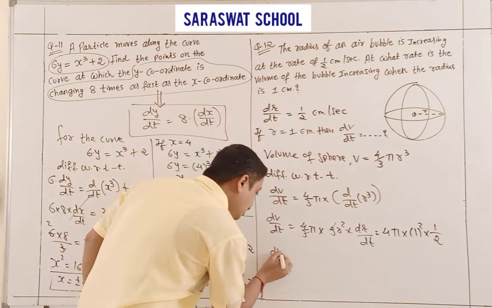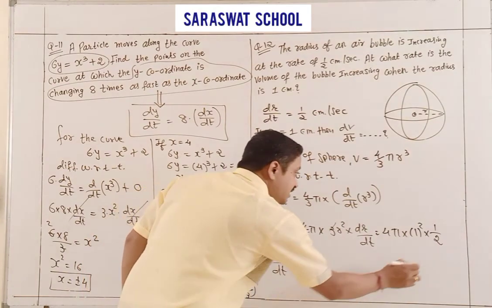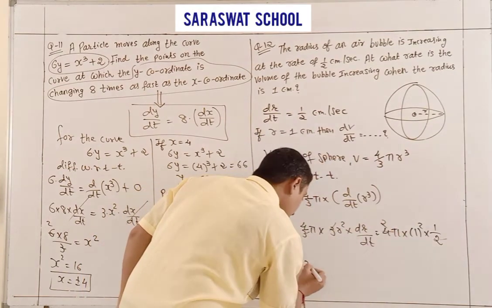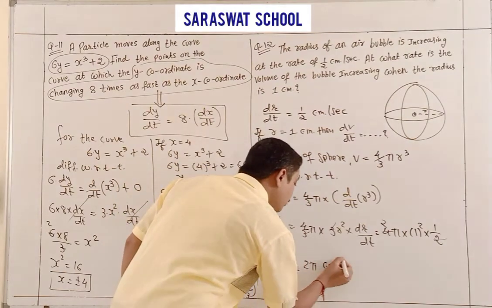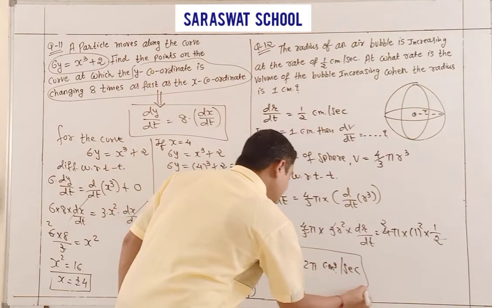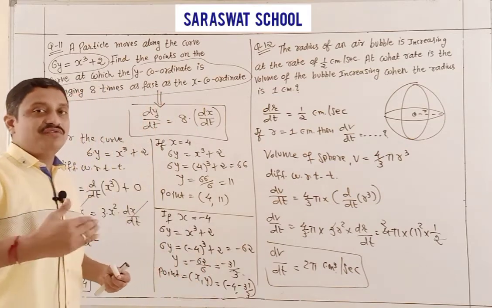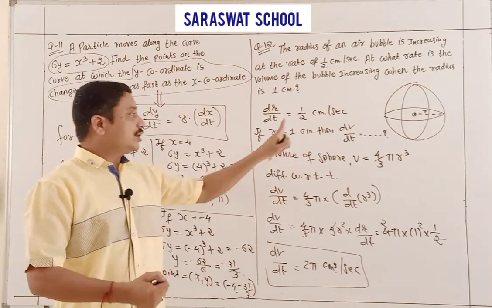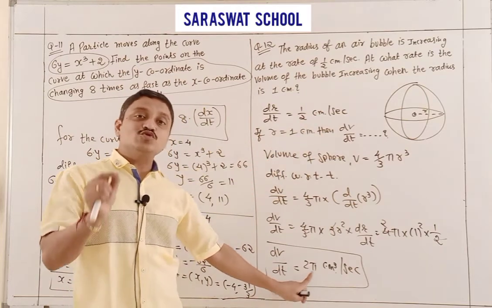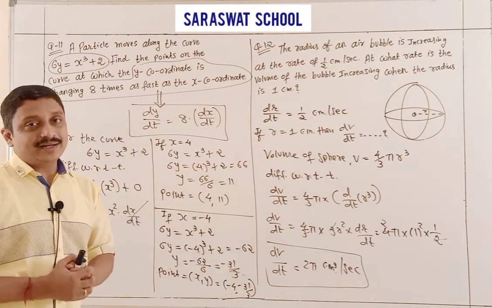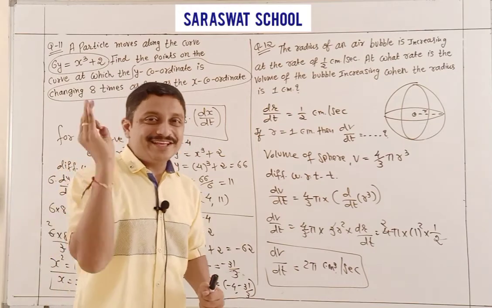So dv by dt, this cancels, so 2 pi and the unit is centimeter cube per second. That is the volume increasing every second. If your radius changes half a centimeter every second, then the volume changes by 2 pi centimeter cube per second. Yes, students, very easy numerical.